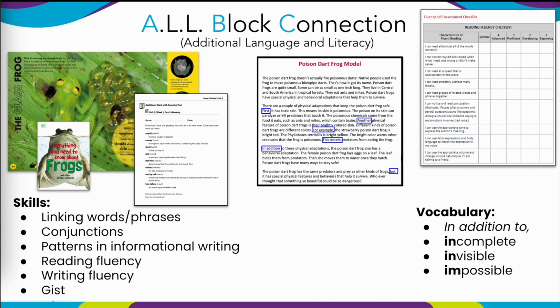The All Block reinforces these skills through targeted practice like analyzing subordinating conjunctions in Week 1, Day 2, exploring informational writing patterns in Week 2, Day 1, and developing elaborative writing in Week 2, Day 3. Together, these lessons ensure students master grammar, fluency, vocabulary, and writing organization, preparing them for the final Freaky Frog book and trading card project.